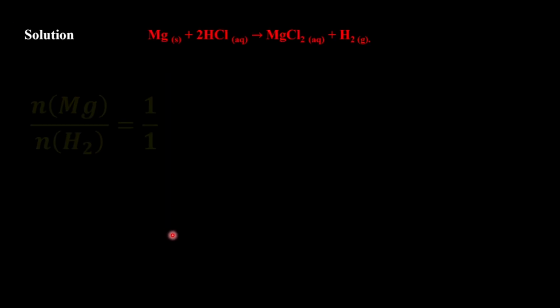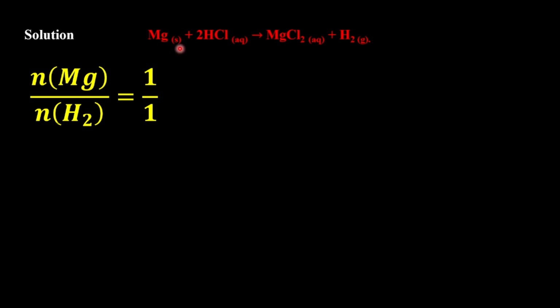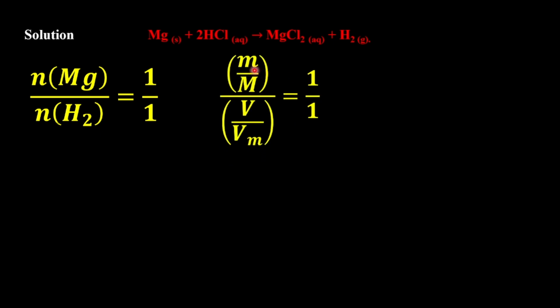Now let's move on. In our case here, we are to write the mole ratio between magnesium and hydrogen. We have 1:1. So n of Mg over n of H2 is equal to 1/1. Now from the question, what can we deduce?